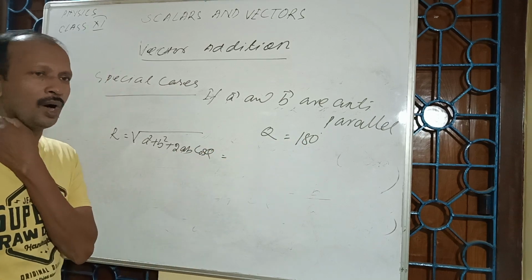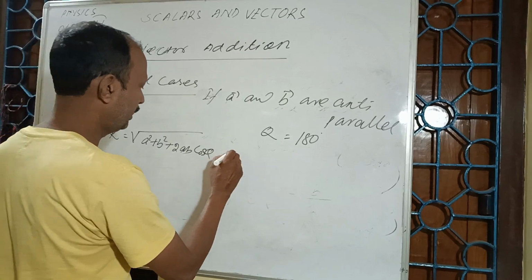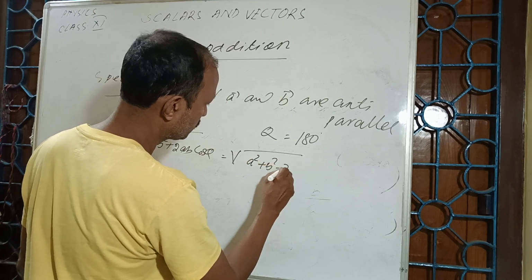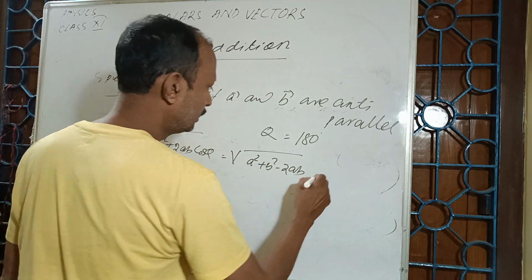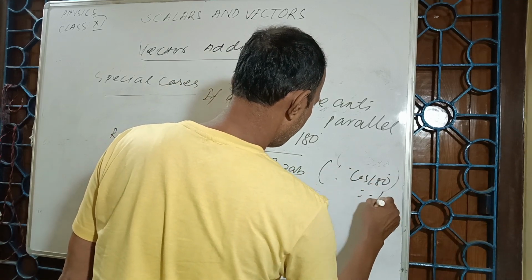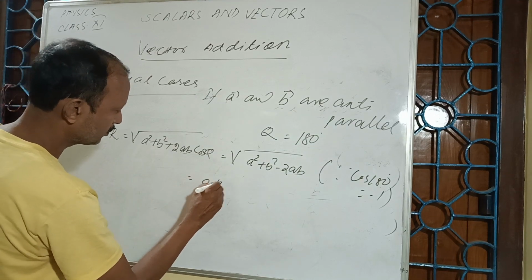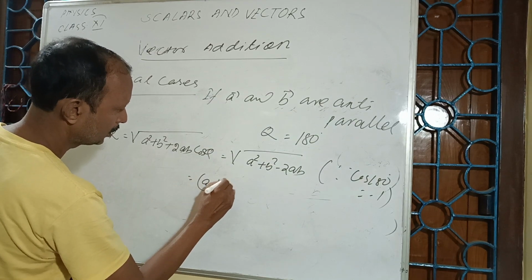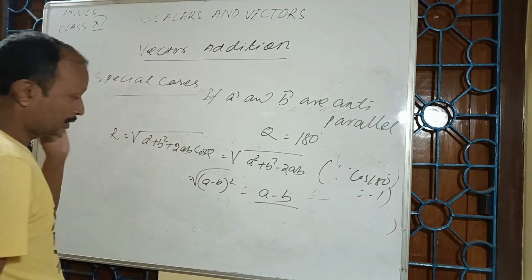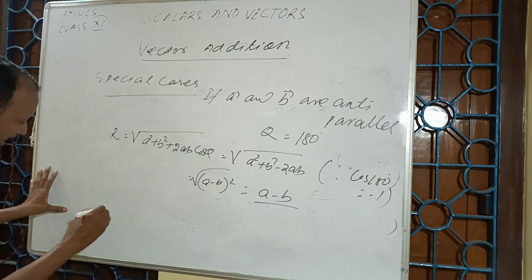Here theta equal to 180 degree, cos is equal to minus 1. So this is A square plus B square minus 2AB, which is A minus B whole square. So R is A minus B. This is the magnitude.